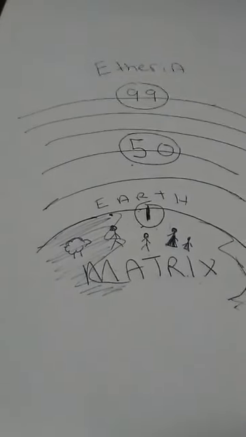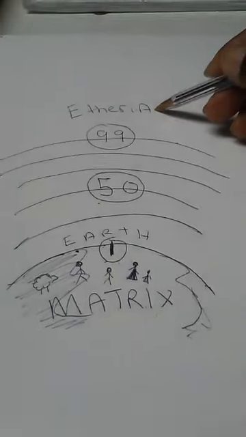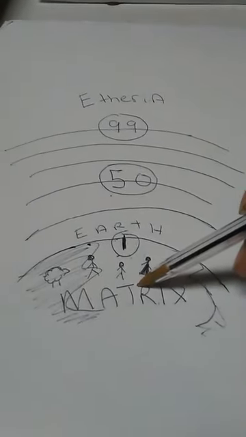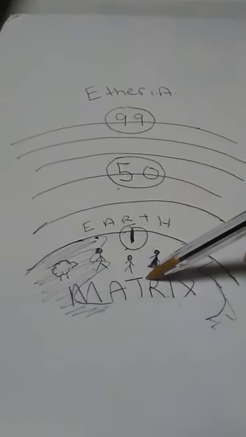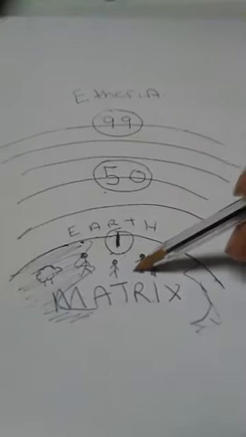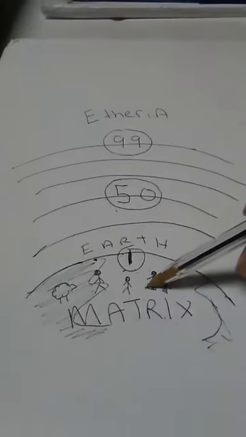So souls are sent from Etheria to the earth in order to grow. So this is the place of soul growth. The earth is the place of soul growth. It's for you to evolve. It's for you to come out of the lower self and elevate to the higher self. This is what this life is all about.